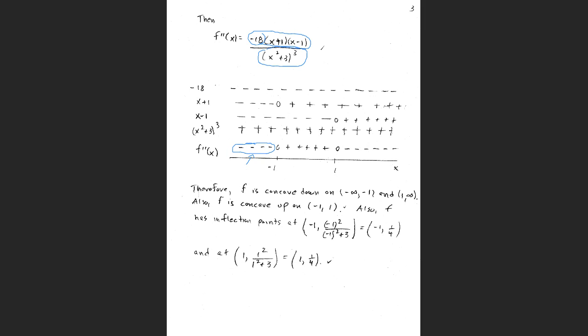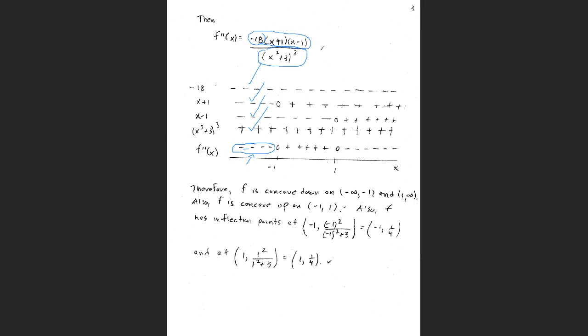So these negatives here come from a negative times a negative times a negative divided by a positive. Okay, that's okay.